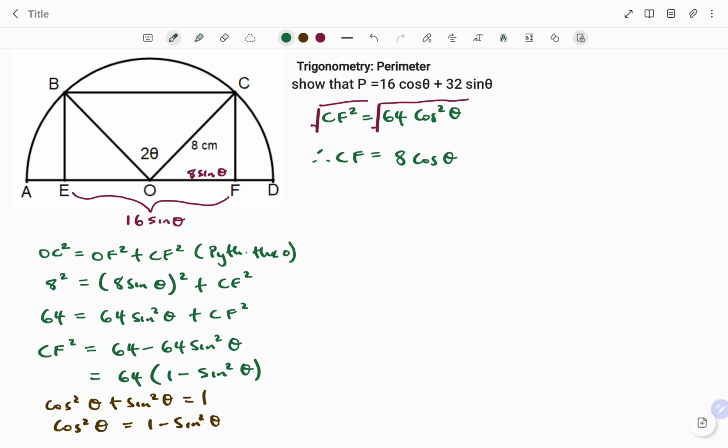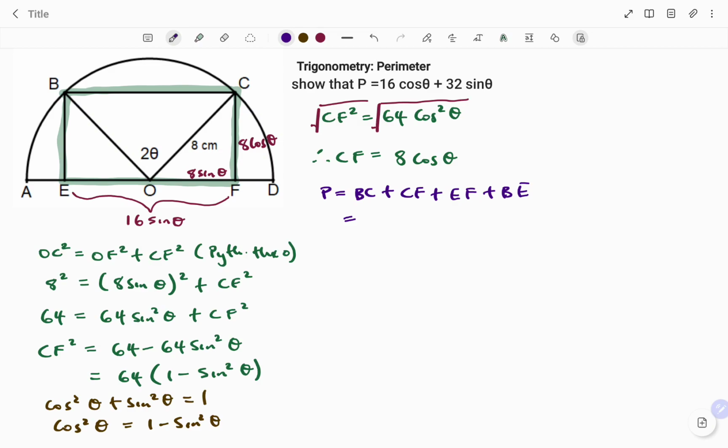So therefore, to find the perimeter P, note that the perimeter is the total distance round the outside of an object. So therefore, perimeter P equals the distance BC plus CF plus EF plus BE.